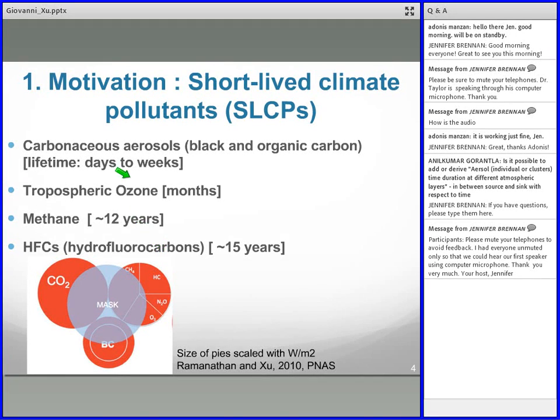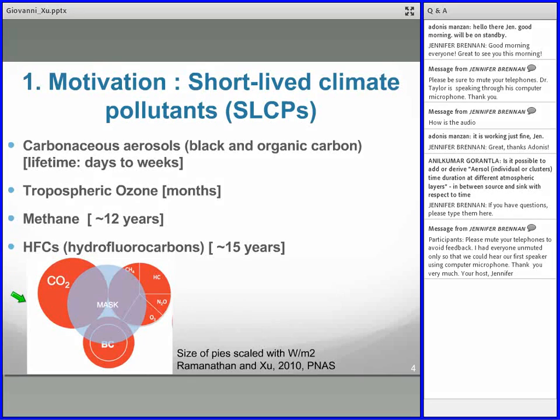And we call them pollutants because most of them are also considered air pollutants for their negative public health effects. Moreover, we realize they are also contributing to anthropogenic climate change. And in terms of the present-day radiative forcing, we can see the pie chart here.